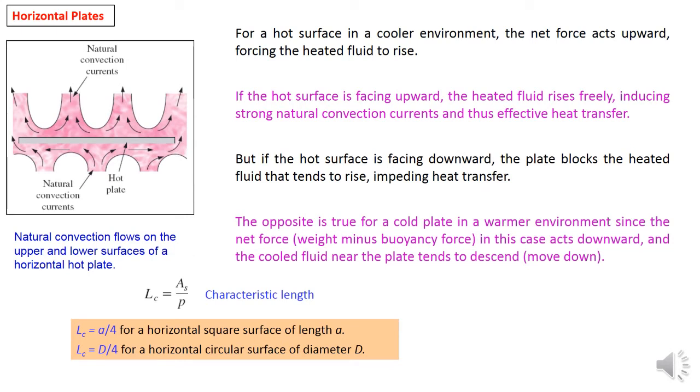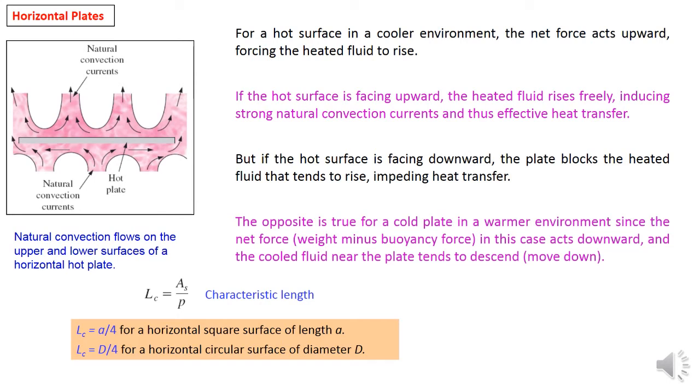Horizontal plates. For a hot surface in a cooler environment, the net force acts upwards, forcing the heated fluid to rise. If the hot surface is facing upwards, the heated fluid rises freely, inducing strong natural convection currents and thus effective heat transfer. But if the hot surface is facing downwards, the plate blocks the heated fluid that tends to rise, impeding heat transfer.